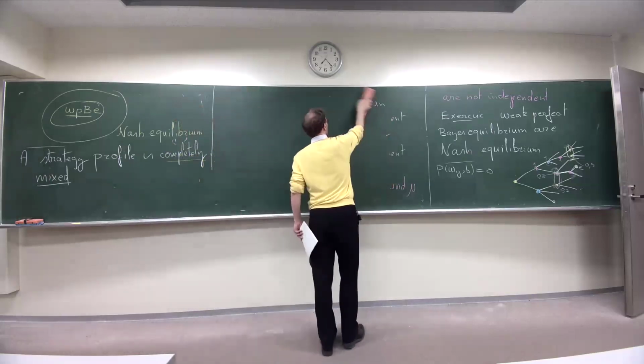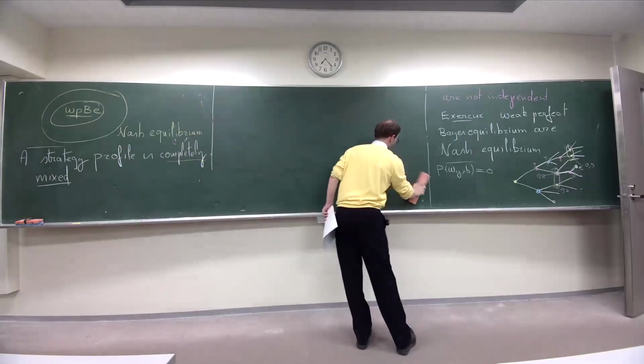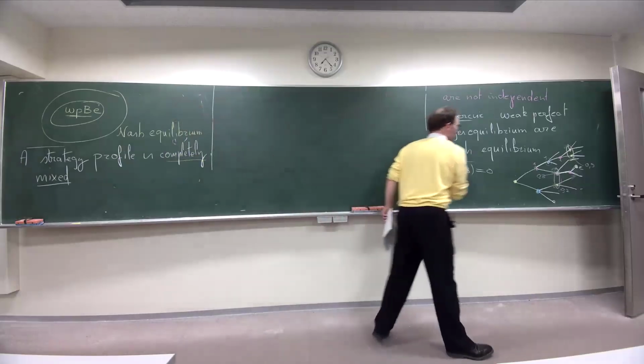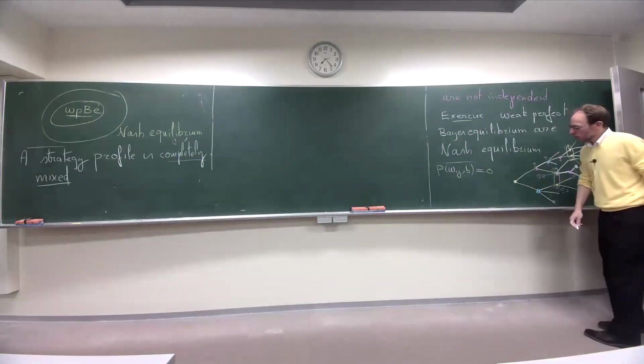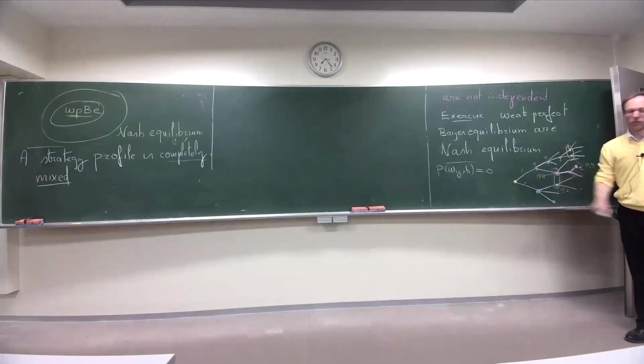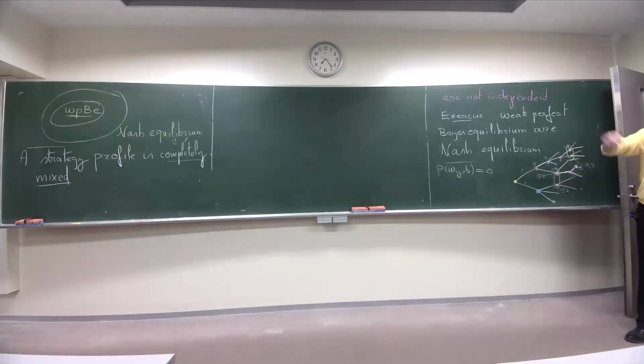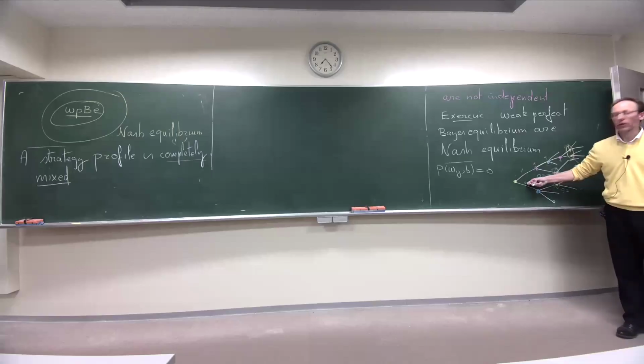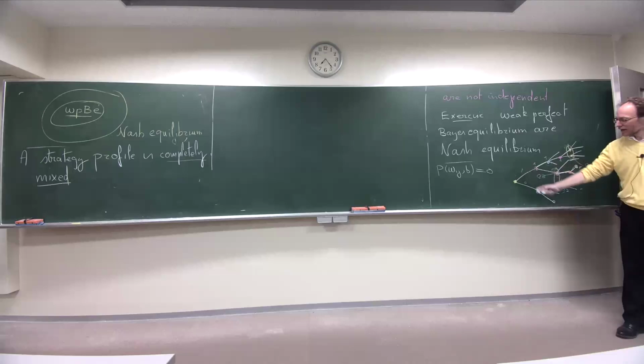A pure strategy would have a 1 and a 0. And when I mention completely mixed, it means I don't want to have a 0. So a pure strategy is never completely mixed. A completely mixed strategy means I have no 0 anywhere.